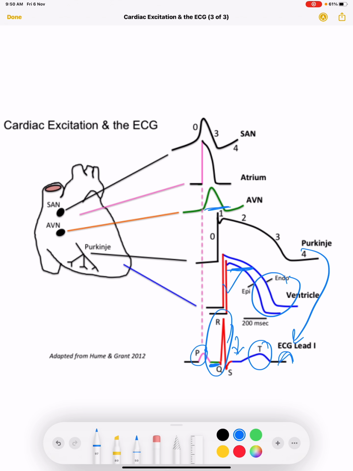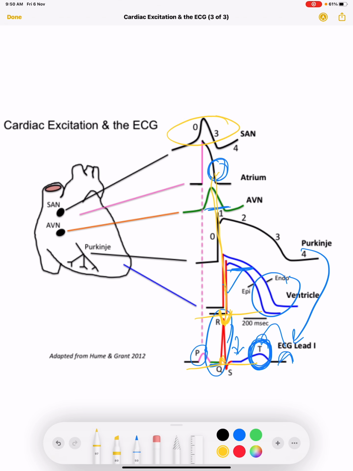Now you can ask a question: if we see ventricular repolarization in the form of a T wave, where is atrial repolarization? If you have a look, atrial repolarization falls directly under the QRS complex. Because the QRS complex is so huge, atrial repolarization is buried inside it, and we can't see it.